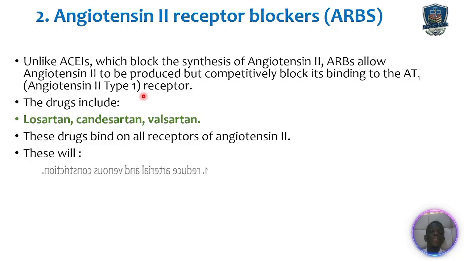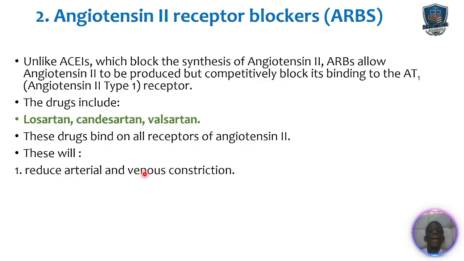So this will, number one, as we know, reduce arterial constriction and also venous constriction. If you reduce the arterial constriction, it means you are reducing the SVR and in turn reducing the blood pressure.